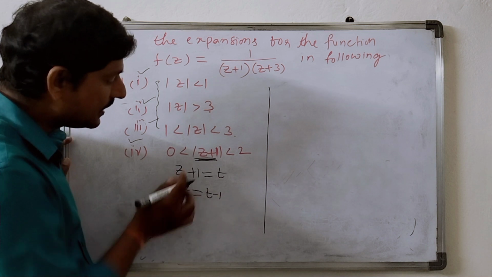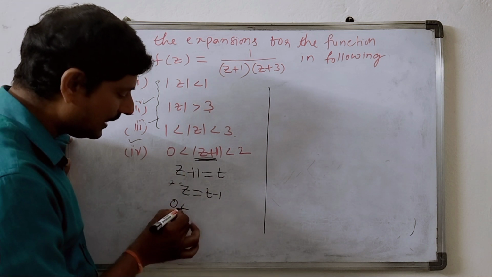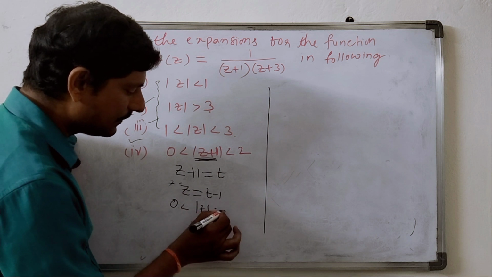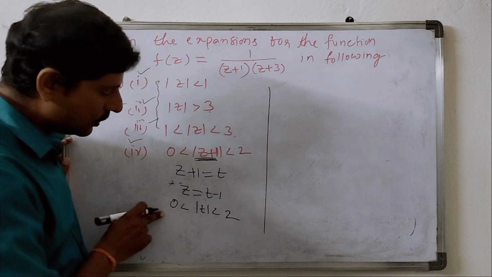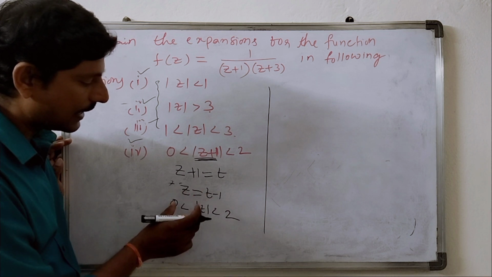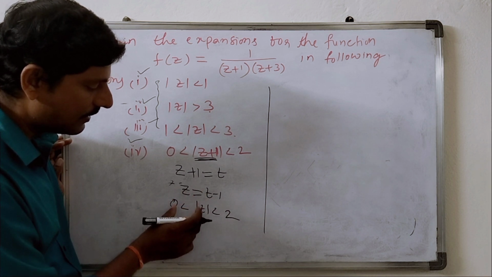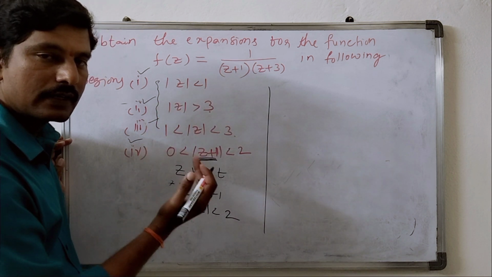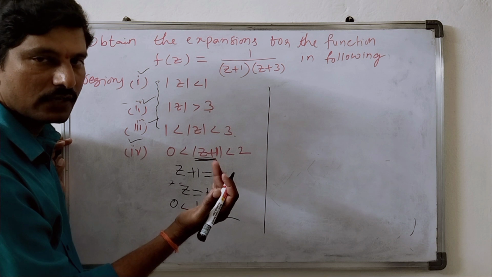Now the region also changes to t terms: 0 less than modulus of t less than 2. So when comparing this region with our partial fractions, you can get the expansion. Clear?